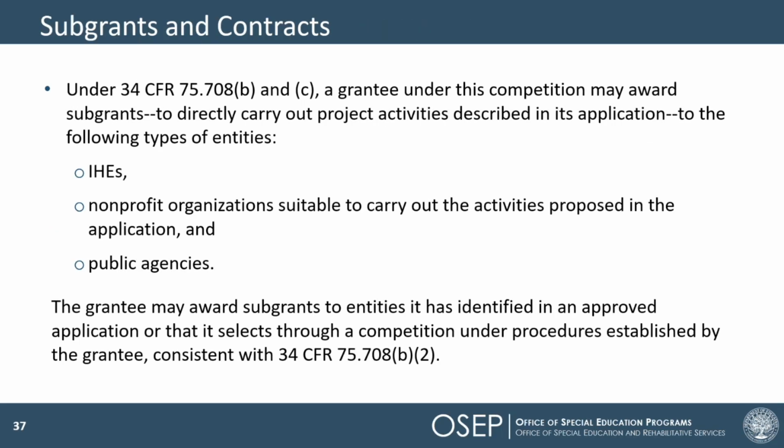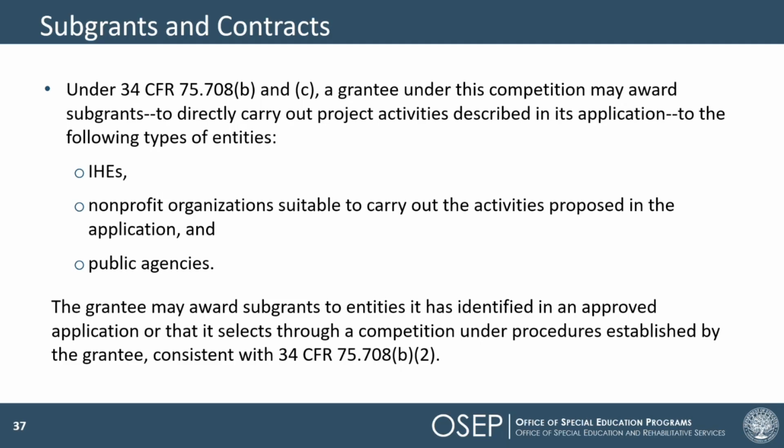Slide 37, Subgrants and Contracts. Under 34 CFR 75.708(b) and (c), a grantee under this competition may award subgrants to directly carry out project activities described in its application to the following types of entities: IHEs, nonprofit organizations suitable to carry out the activities proposed in the application, and public agencies.